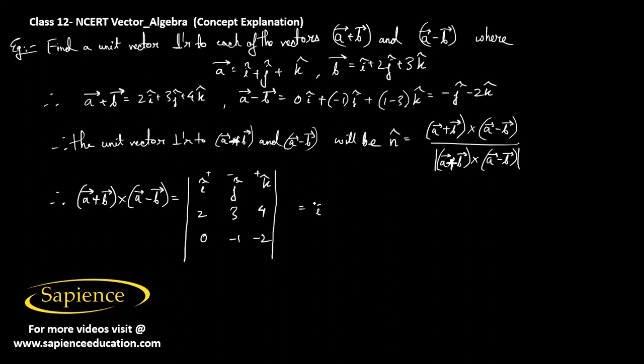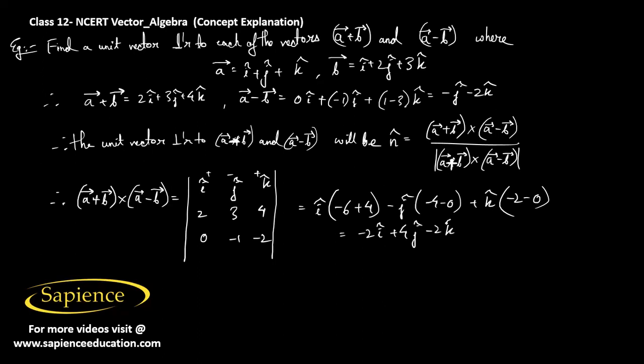So it will be i cap into minus 6 minus of minus 4, so it is plus 4. Then minus j cap into minus 4 minus 0, obviously. Then plus k cap into minus 2 minus 0. So then this will be equal to minus 2 i cap plus 4 j cap minus 2 k cap.